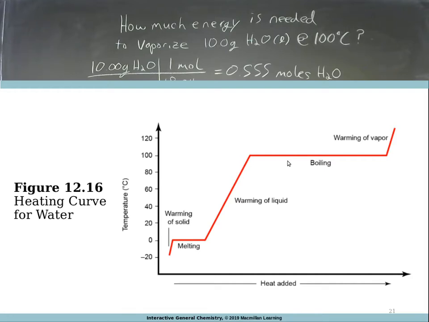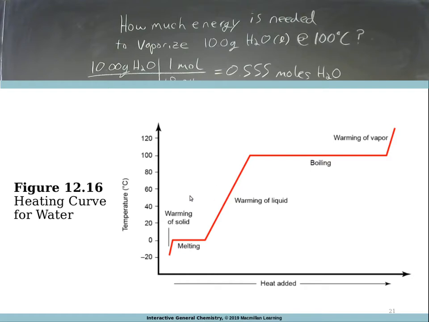Instead, the heat you add goes to phase transition. You can construct a similar curve where you start maybe with water vapor and you cool it down into a liquid and then down to the freezing point, and you freeze it and do this whole process in reverse.